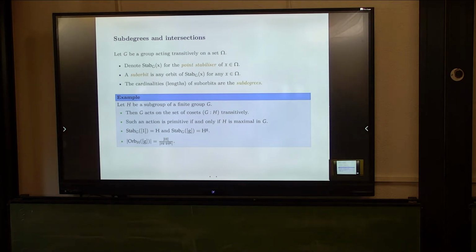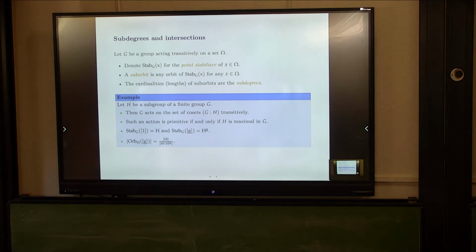Our point stabilizer happens to be H. Now, thanks to the orbit stabilizer theorem, it tells us exactly how to calculate the subdegrees, because for the size of the orbit, you just take the size of your group and divide it by the stabilizer. And here we have already started with the point stabilizer, so you just divide it by the size of the 2-point stabilizer. That's straightforward.